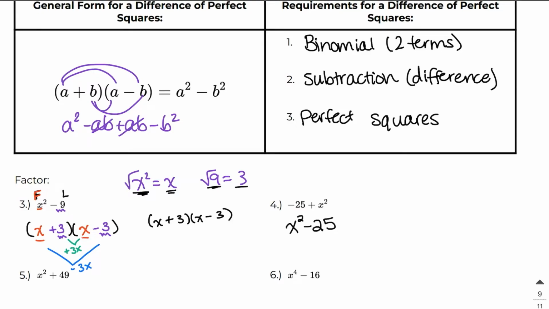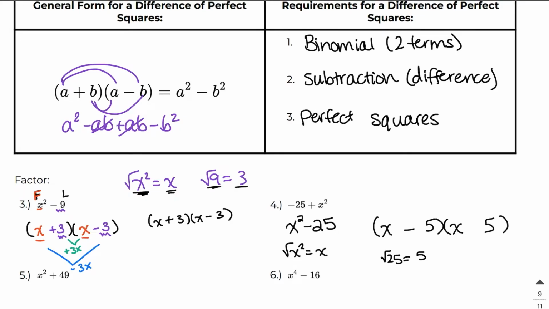So I can just factor this as a difference of perfect squares. The square root of x squared is x, so I'll put x in the front, x in the back here. The square root of 25 is 5, so I'll put a 5 here and a 5 here.